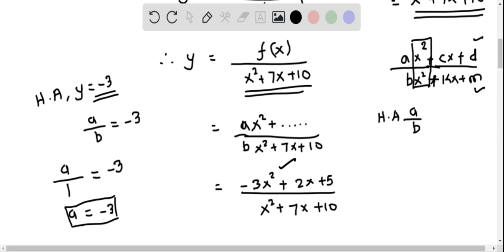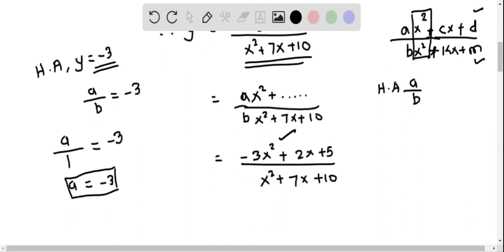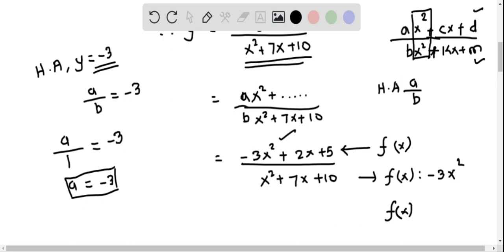The highest degree term should be x squared, and its coefficient should be -3. So this is the most important thing. And so this is one such example for f of x. We can have other examples for f of x, like just negative 3x squared, or we can also have f of x equals negative 3x squared minus 5, something like this. So it does not matter here.